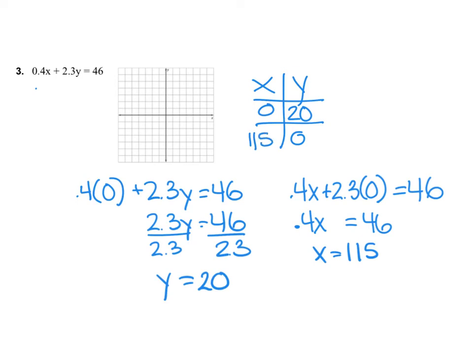All right, so let's go ahead. I'm going to have 0, 20, and let's make sure that we say that this is at 20. And then our x-intercept is going to be all over here. Let's just say that that's at 115. And now we can just go ahead and connect our dots, and we have that one graphed.